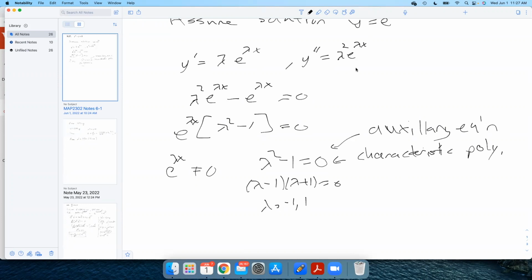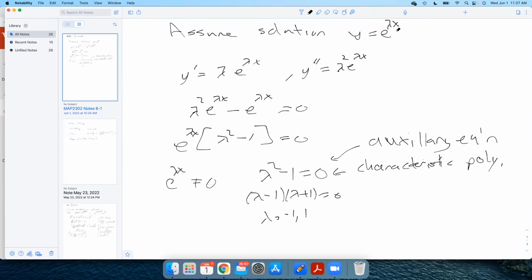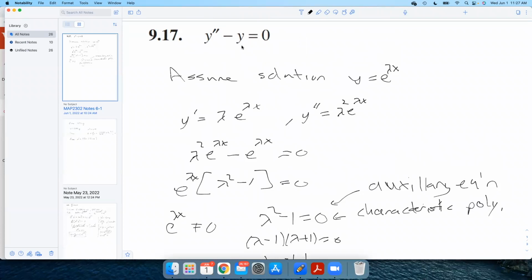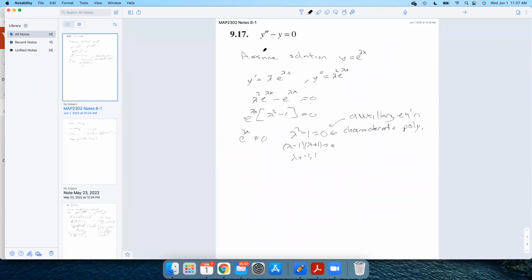I assumed my solution was of this form. Now I've got two possibilities for what it could look like. That shouldn't surprise me. It's a second order differential equation. Second order DEs will have two linearly independent solutions. So that means y1, which is e to the 1x, and y2, e to the -1x or negative x, are both solutions.